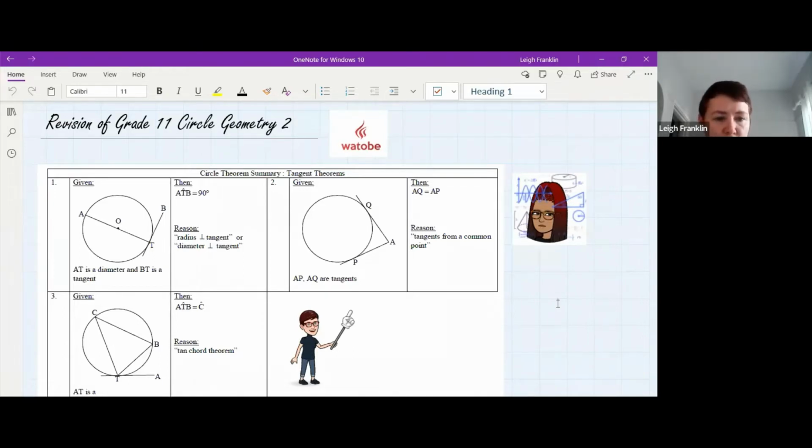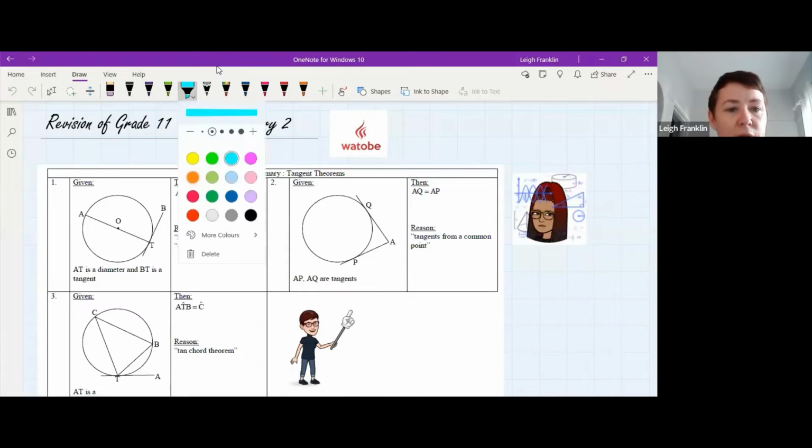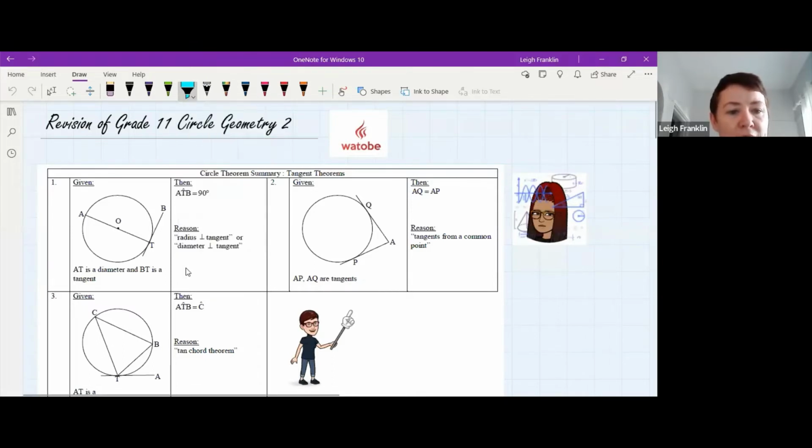The first one is that the diameter or the radius is perpendicular to the tangent. That's what I've got here in picture number 1. Whether it's a radius or an entire diameter, it's always going to be perpendicular to the tangent. So we would say radius perpendicular to tangent, or diameter perpendicular to tangent.